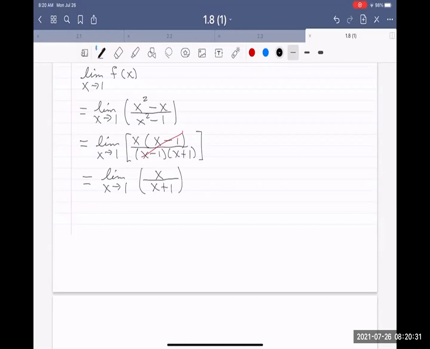Now, of course, these two expressions are equal so long as x is not equal to 1. So they're equal in a deleted neighborhood of 1. So therefore, the limits are equal. As x approaches 1, x approaches 1, and x plus 1 approaches 2. So this approaches 1 over 2.